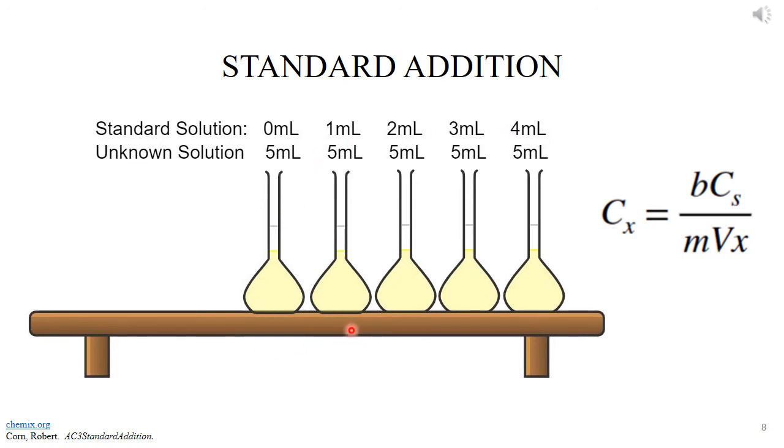Next, taking the fluorescence spectra, a linear curve of volume of standard solution added versus fluorescence intensity can be graphed. The concentration of the unknown can be found with B, the y-intercept, m, the slope, CS, the standard solution concentration, and Vx, the volume of unknown added.